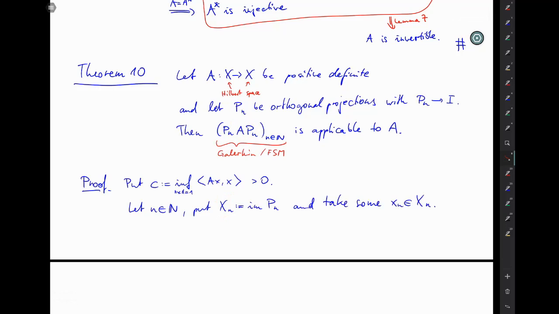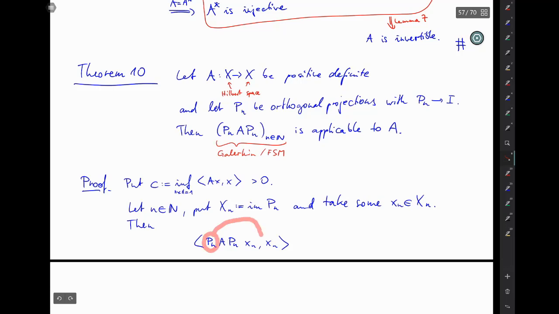And now the aim is to show that the positive definiteness of A is carried over to these projected operators here. So let's look at similar scalar products here, but now with Pn A Pn in place of A. Note that we're using xn here, which was chosen from our subspaces capital Xn. And now if we want to use properties of A, we have to get that Pn here out of the way.